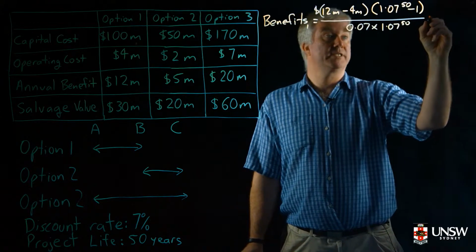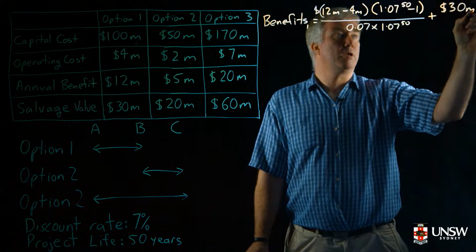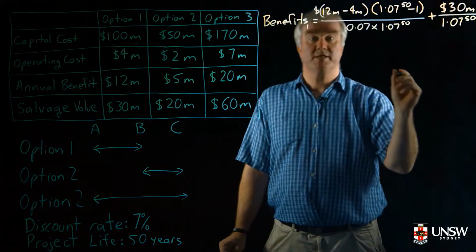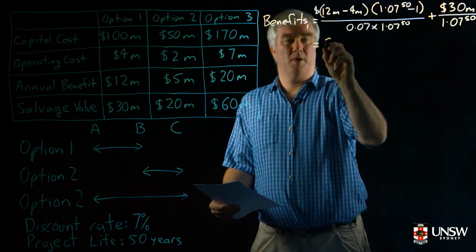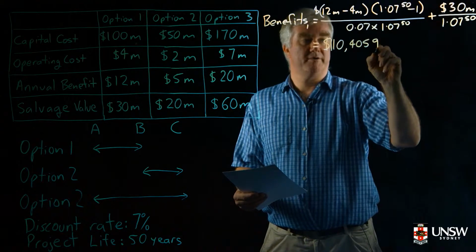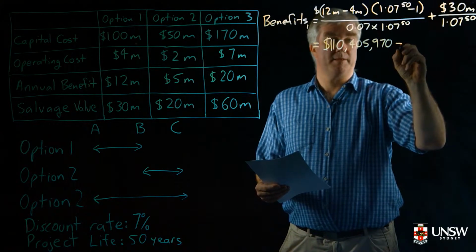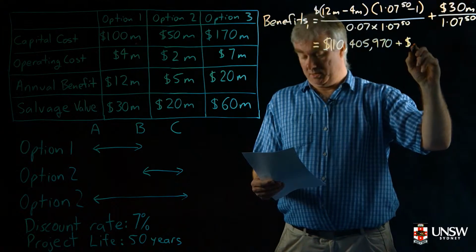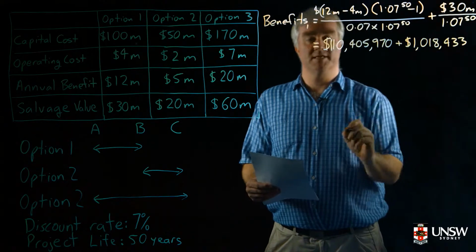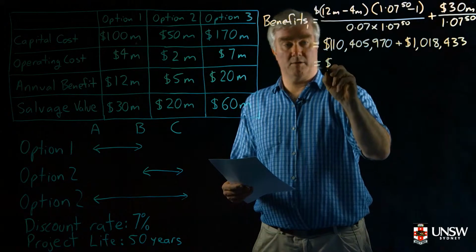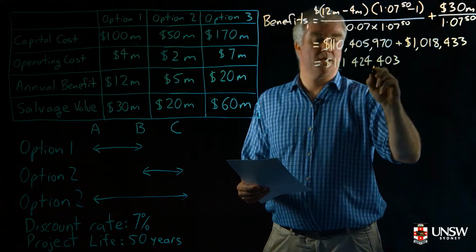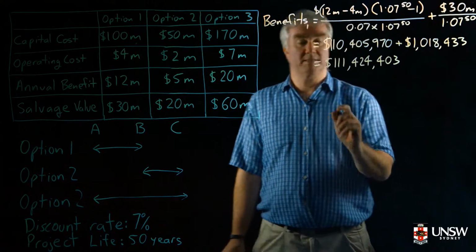Now that is a benefit, so it's going to be plus 30 million, and it's a one-off payment, so divided by 1.07 to the power of 50, which gives us 110,405,970 for the annual part, plus 1,018,433 for the salvage part, which gives us a total of $111,424,403. So now we need to work out what is the benefit cost ratio for this option.